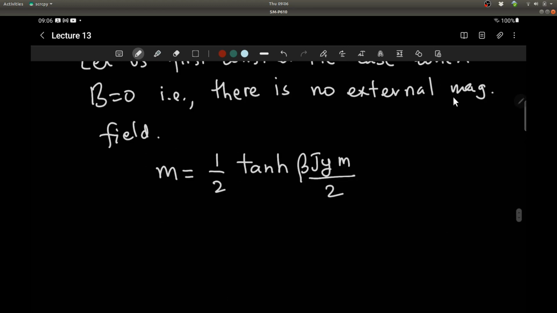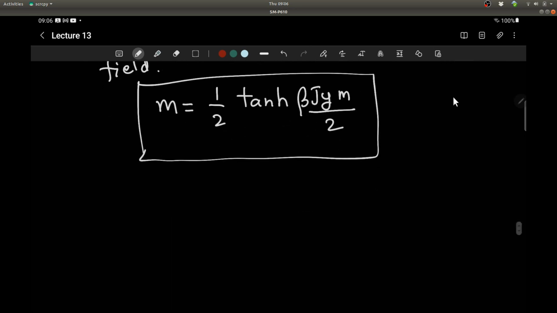Does this agree now with what we had yesterday? I forgot a factor of 2 also in that. So we need to solve this equation, and so let us do the following. We will solve this graphically.